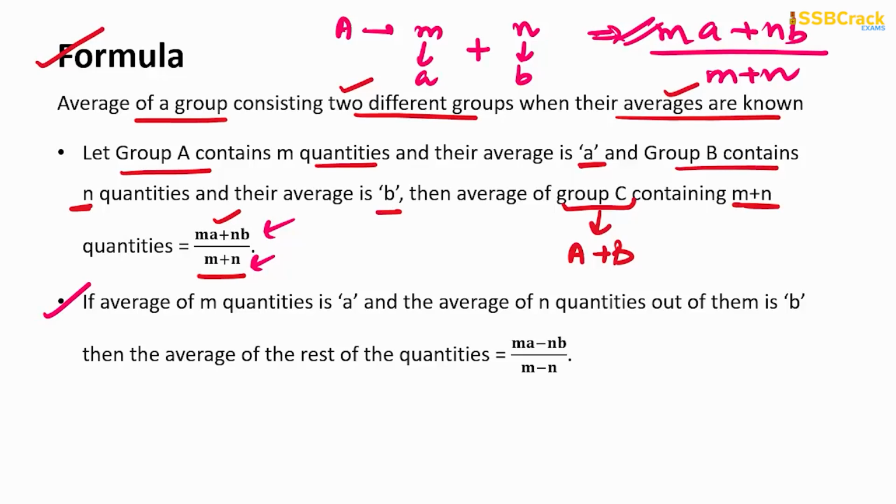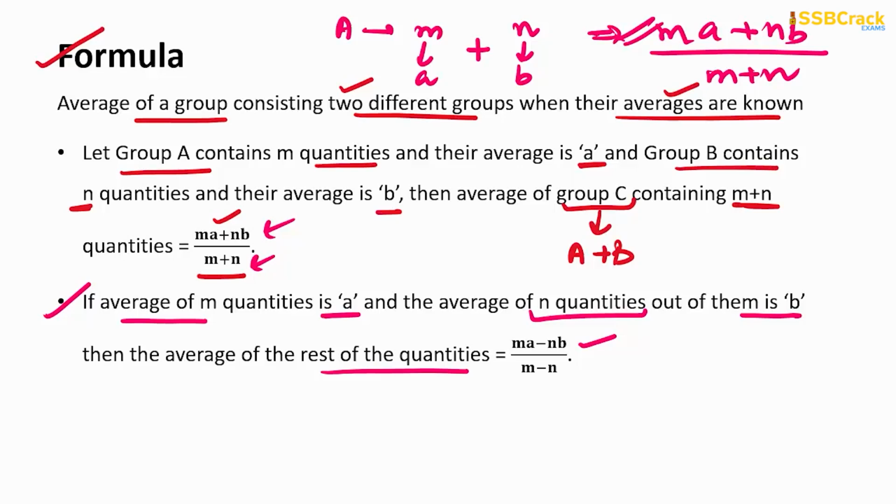Now coming to the next formula, this is similar to the above formula, but here there is a little difference. Let's check. If the average of m quantities is A and the average of n quantities out of them is B, then the average of the rest of the quantities will be MA minus NB divided by m minus n, right?